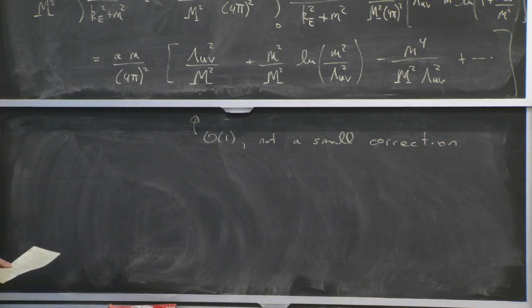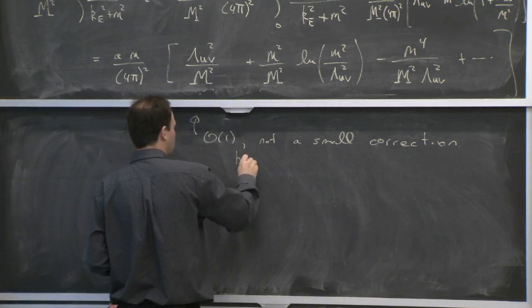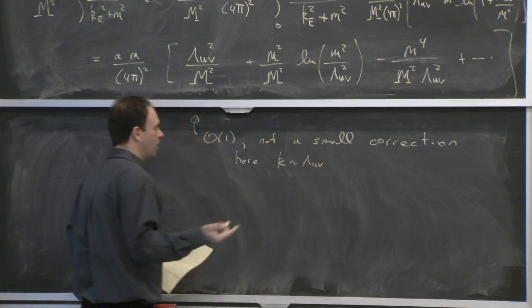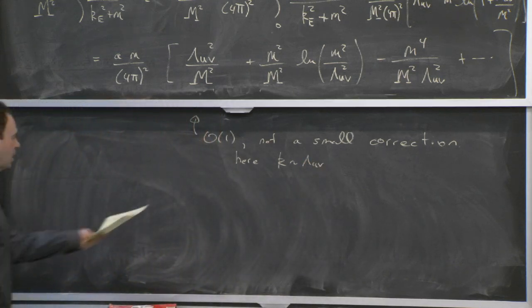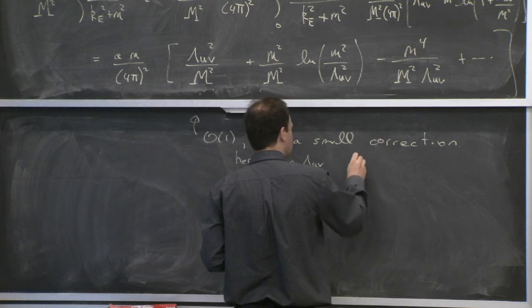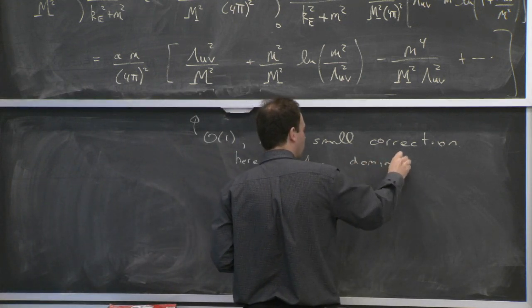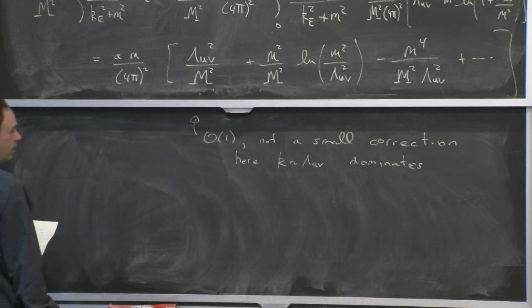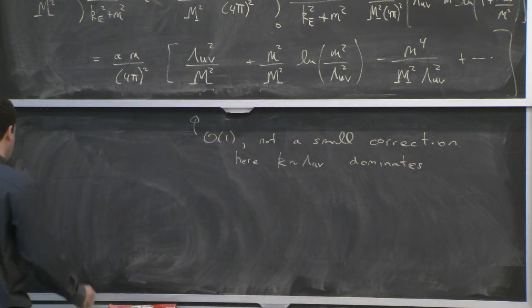So for that particular piece, what you're finding is that your naive power counting of the loop was wrong, because there's a piece from k of order the cutoff that's contributing for that part of it. And that's why your naive scaling argument didn't work.